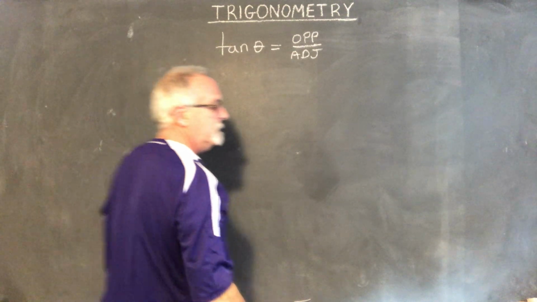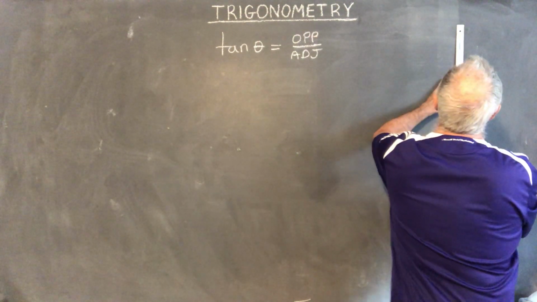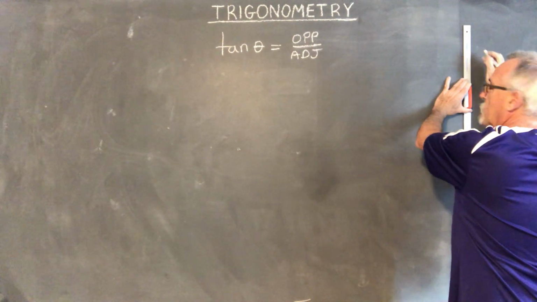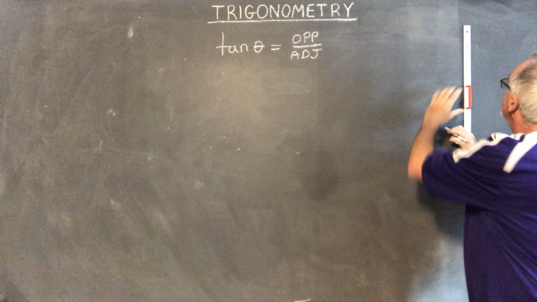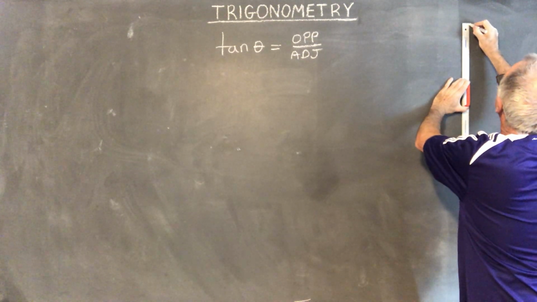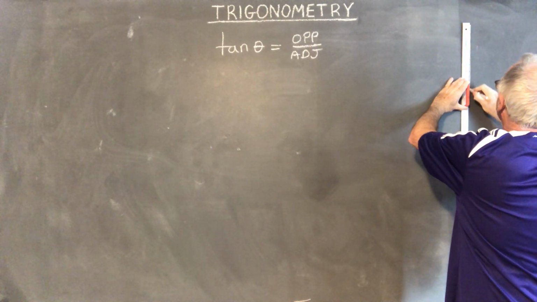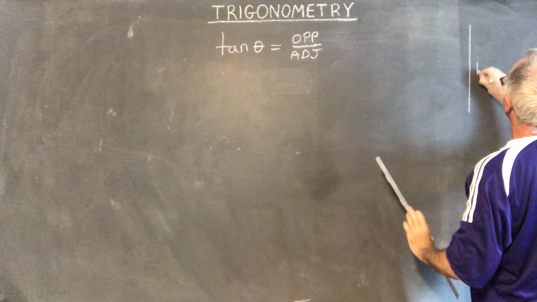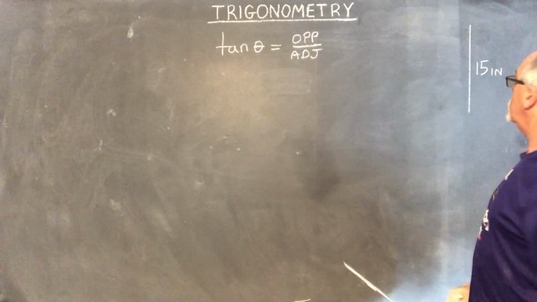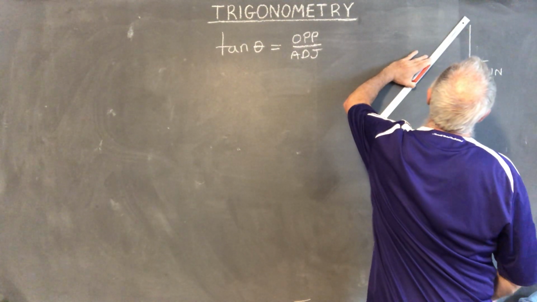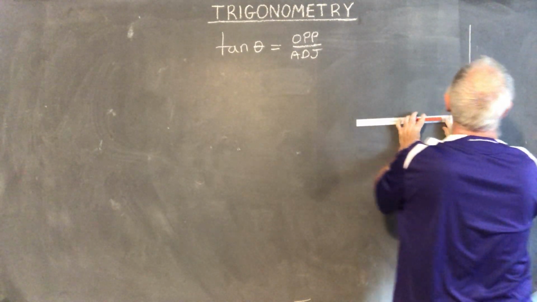Let's see now. I'll do the drawing over on this side. When you're using all three formulas, you don't really know which one you're going to use first, which actually means that the situation is quite flexible. I'm going to measure with inches again though. I'll say there, that's 15 inches. Make sure it shows on the video, it does. And now I'm going to turn that into part of a right triangle.